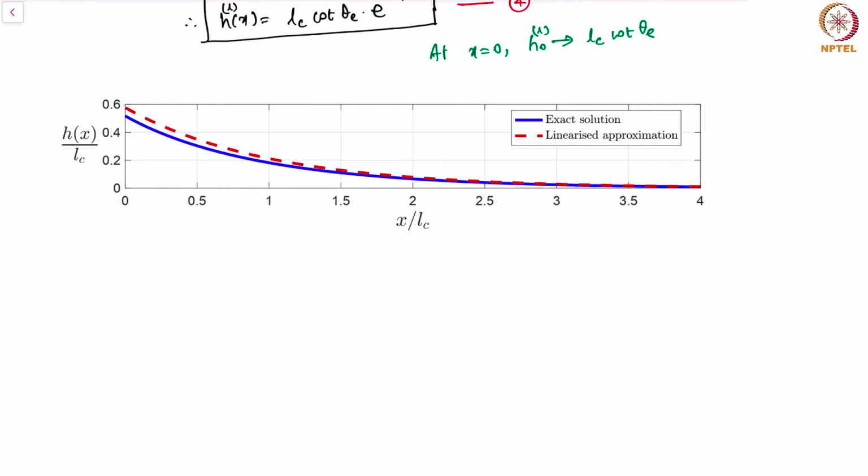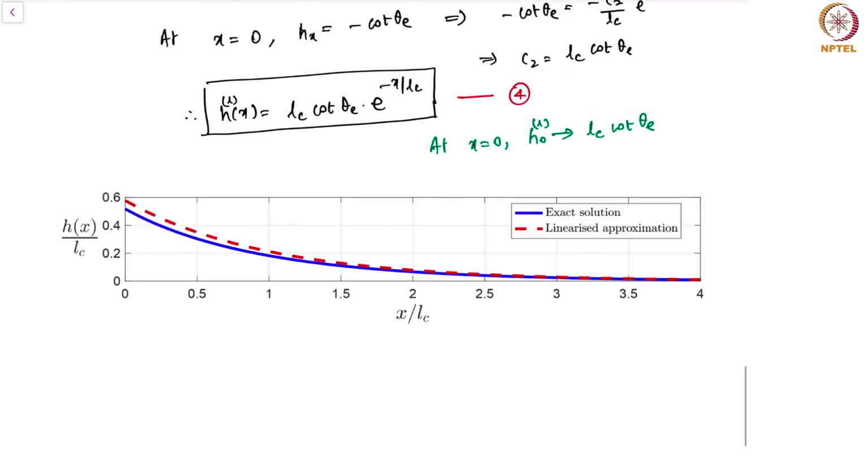The blue curve is the exact solution, the solution of equation number 3, and this is done for theta e equal to pi by 3. The dashed red curve that you see here is the linearized solution, that's equation number 4.